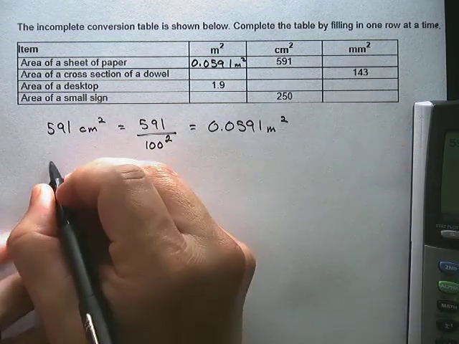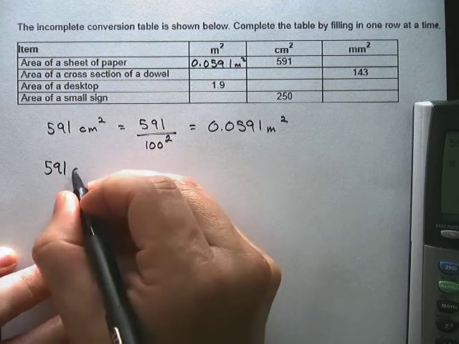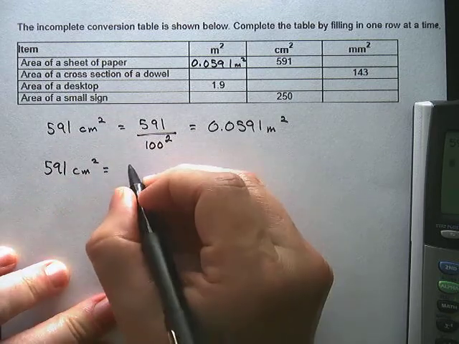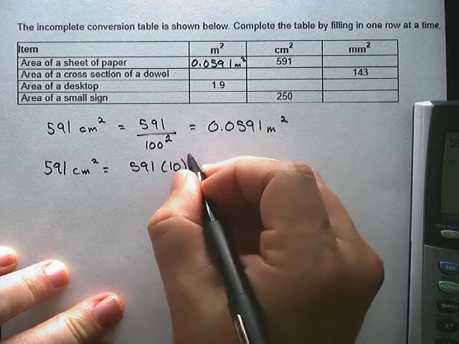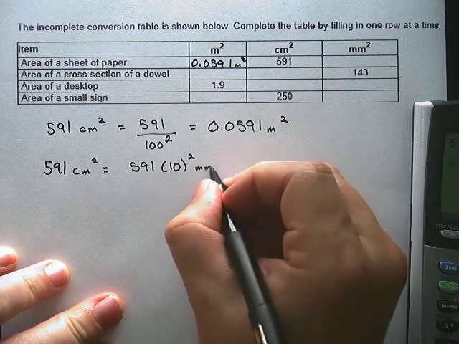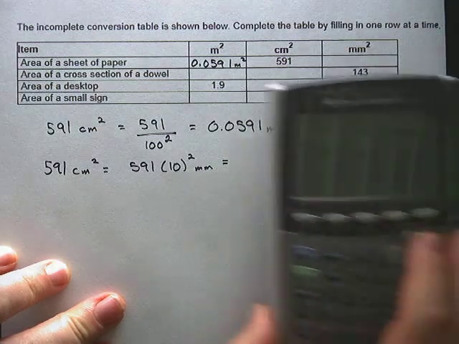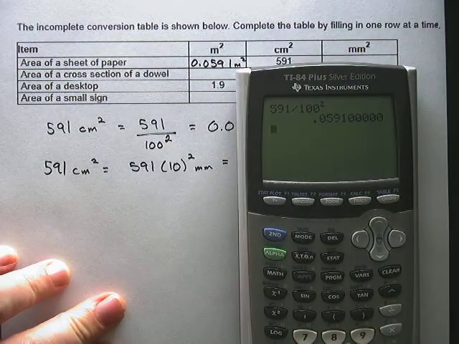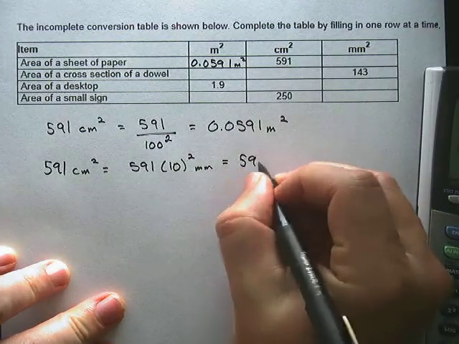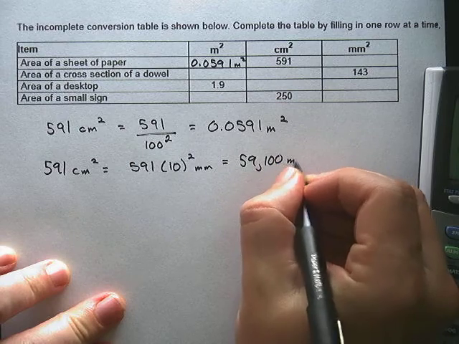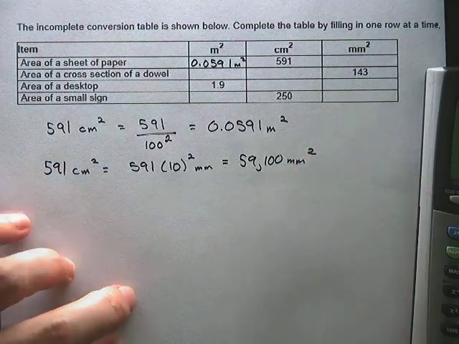So 591 centimeters squared is equal to 591 times 10 squared millimeters squared. Okay, so 591 times 100, and you're given 59,100. And that's in square millimeters.